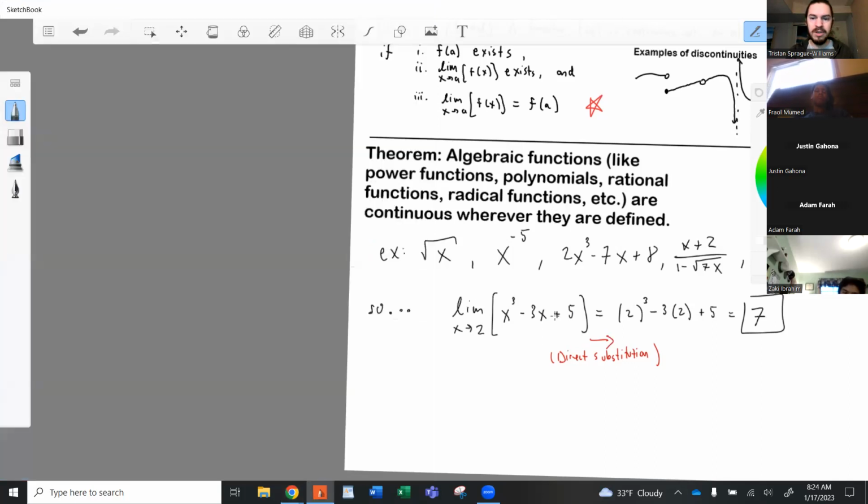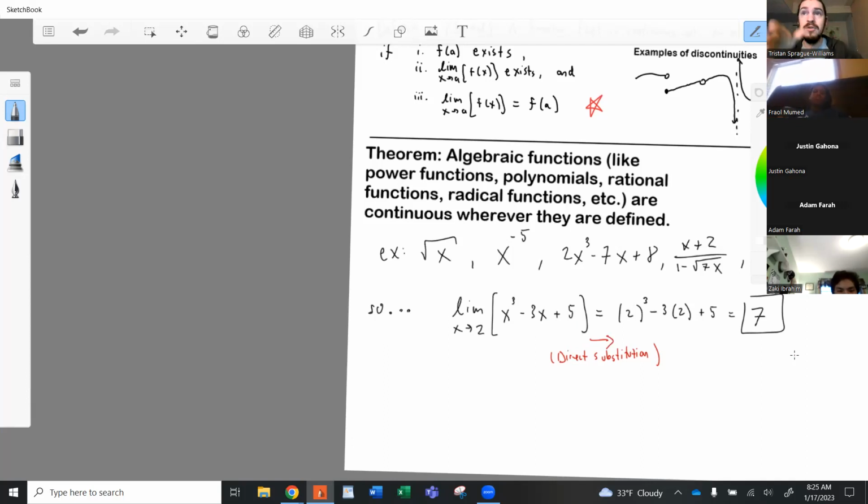So as you can see here, we evaluated that limit just by finding f of 2. We didn't need to do all of that guessing, all of that work with plugging in numbers and making a table of values. The difference is that was a way to estimate the limit of a function.